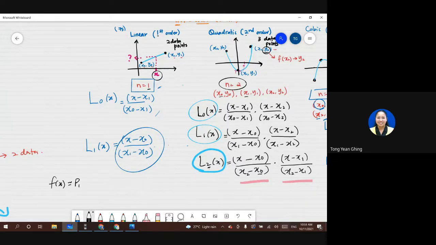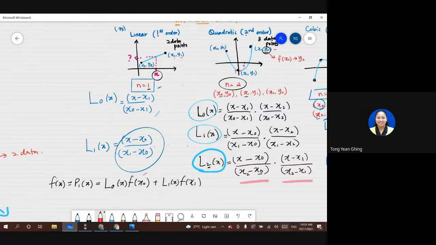Because this one, n is equal to 1. So that means I have L0 x times with f0, or can write f x0, plus L1 x times with f x1.